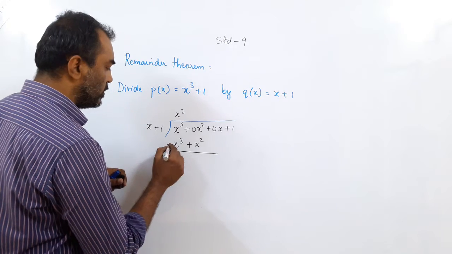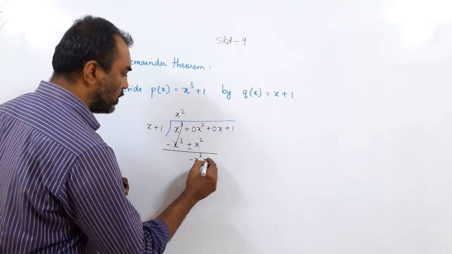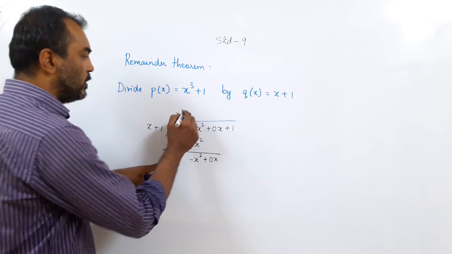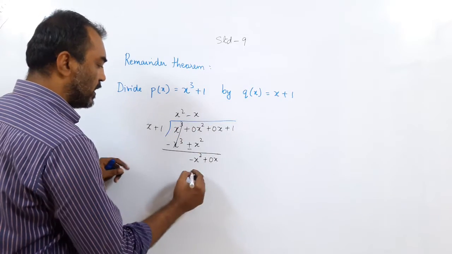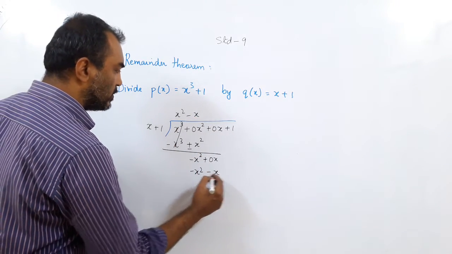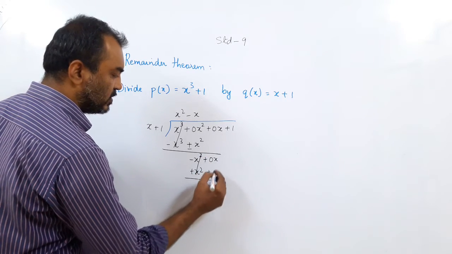I have to subtract, so this becomes minus, cut, minus 0 minus 1 minus 1 plus 0x.